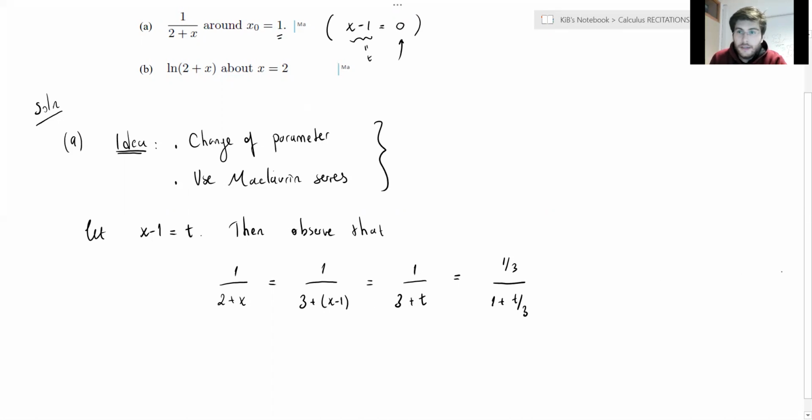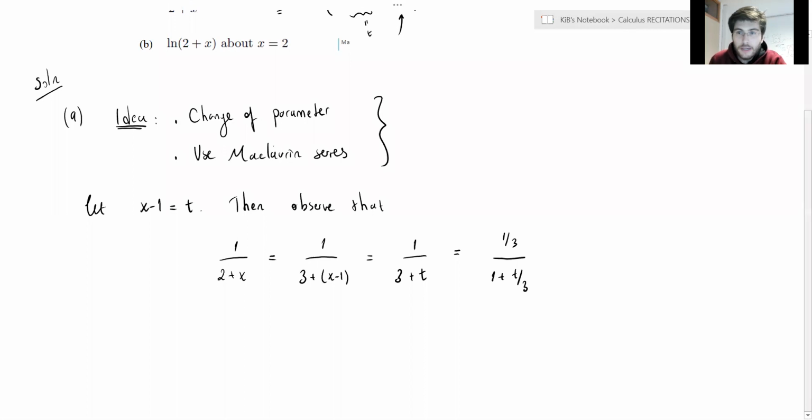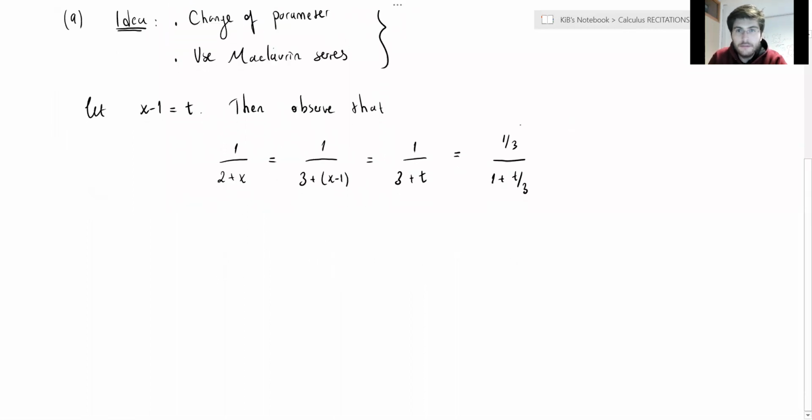So actually here we recall the following. This looks familiar, right? So just use our famous Maclaurin series. What was it? The sum starting from 0 of t to the n, in the case when t is less than 1.